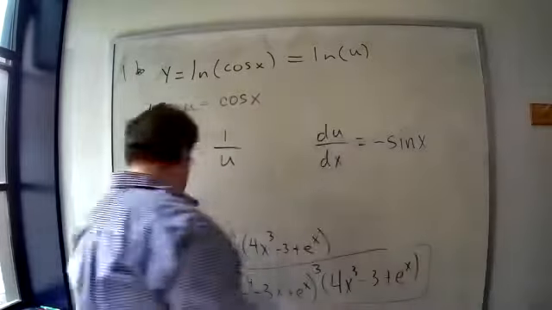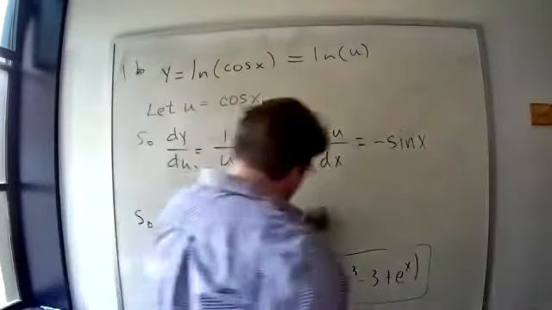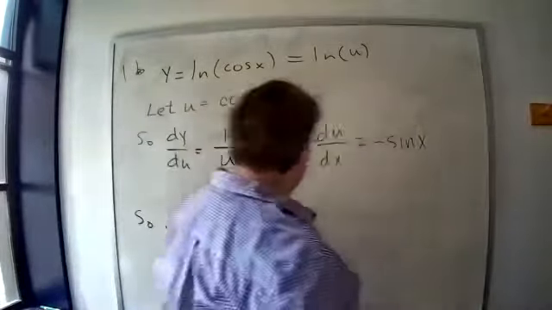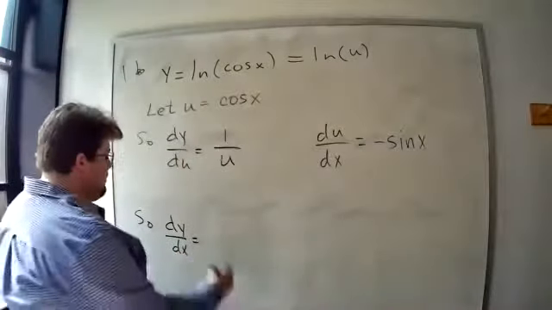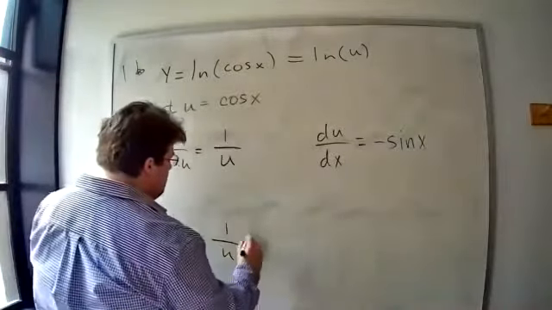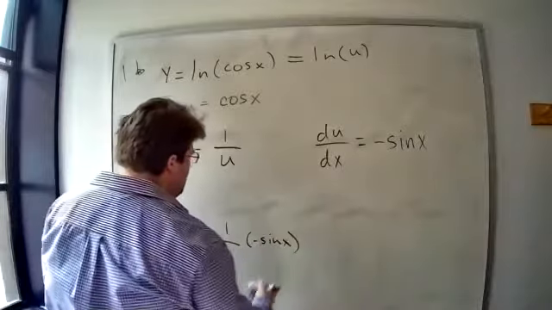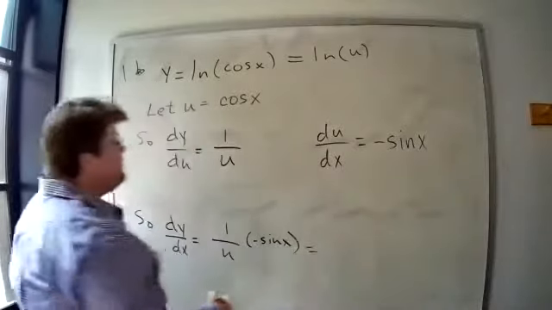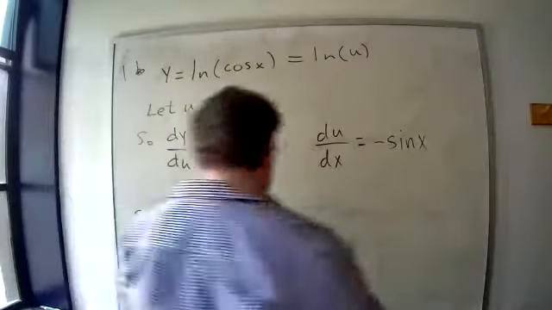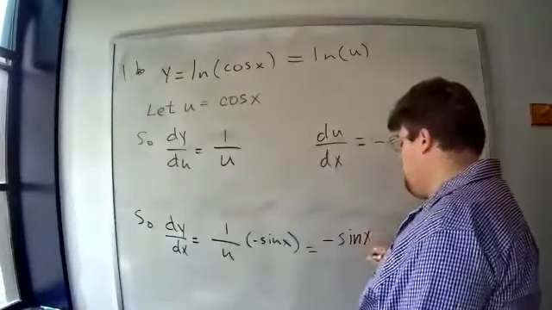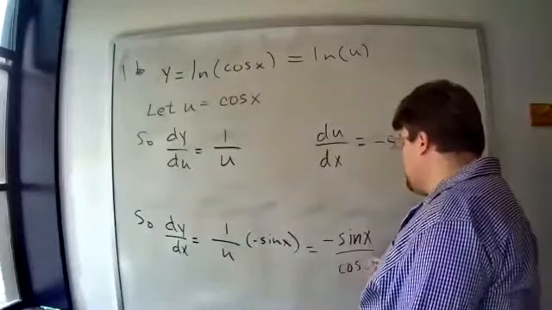Well, now, to find dy/dx, we just multiply these and get rid of u. And what do we have? We have 1 over u times negative sine of x. U equals cosine of x. So we have negative sine x over cosine x.